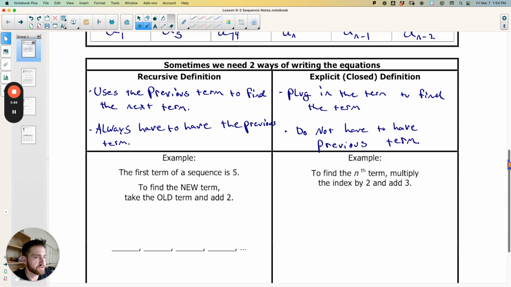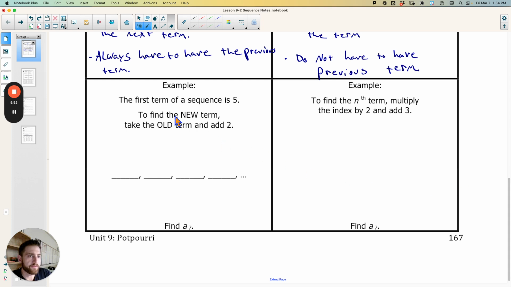All right, so let's look at some examples here. The first term of the sequence is 5. To find the new term, take the old term and add 2. So the first term is 5. We're adding 2 each time, so the next term would be 7, and then 9, and then 11. And you could keep going with this to eventually find a sub 7. So this is a sub 1, this is a sub 2, this is a sub 3, a sub 4.